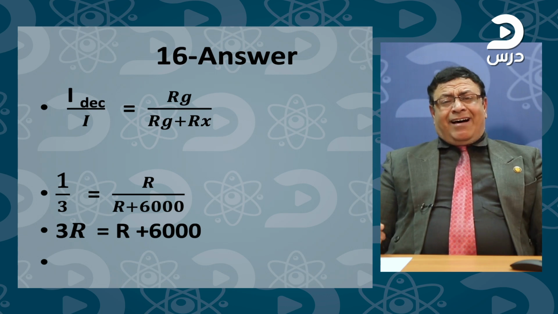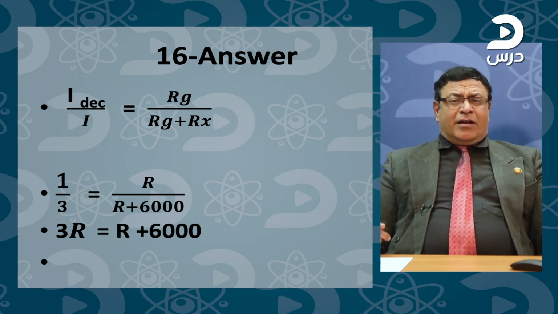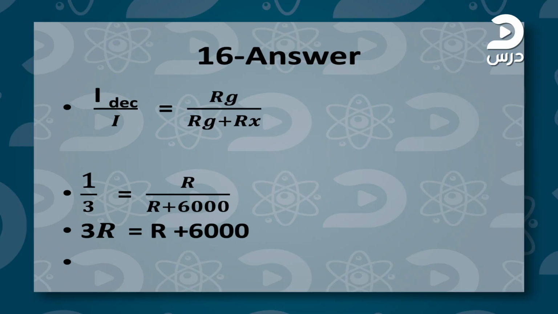When RX is connected, I decrease equals VB over R equivalent plus RX. From these two we can apply this law: I decrease over I equals R galvanometer over (R galvanometer plus RX). I decrease over I equals 1 over 3. So this equals R galvanometer, which is R, over R plus RX, which is 6000 ohm.